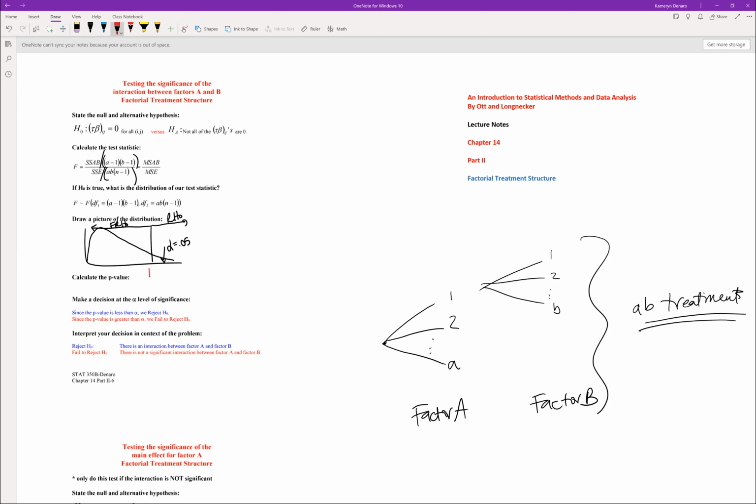Here's your critical value, F critical. Then you calculate your test statistic, and either your test statistic will fall to the left of your critical value, and this whole area here will be your p-value. If your p-value is large, that means you don't have much evidence against the null hypothesis.